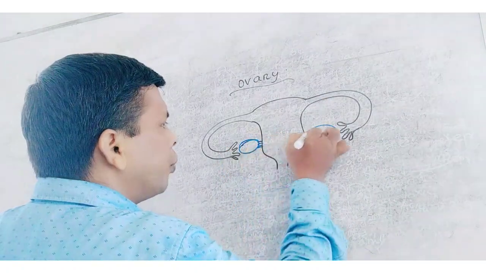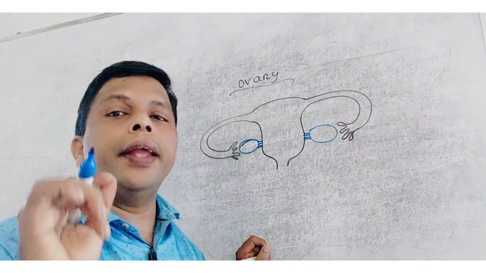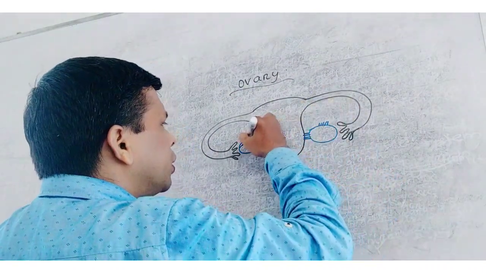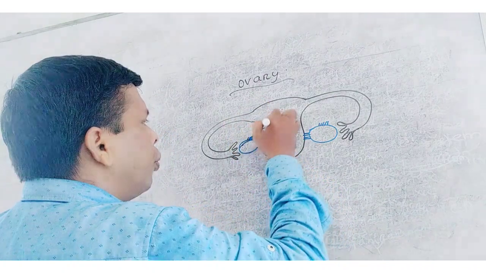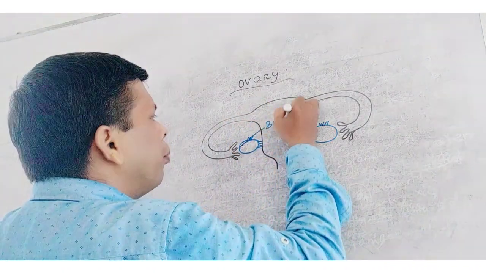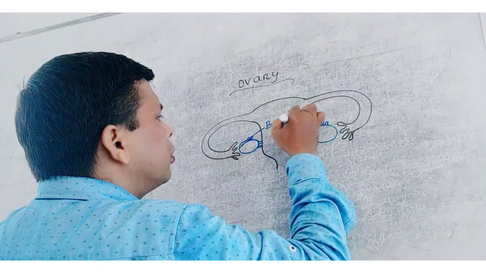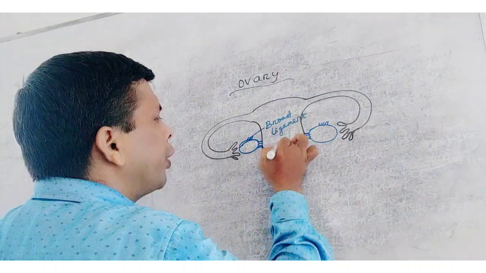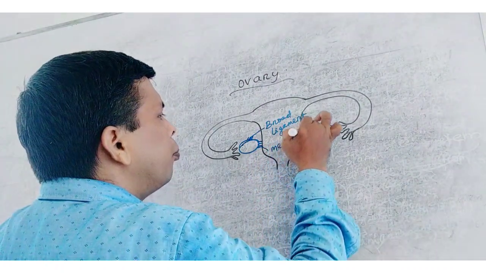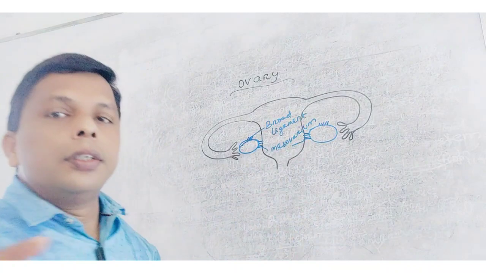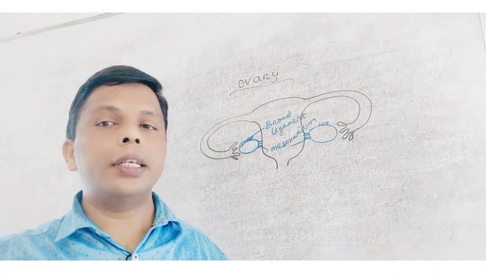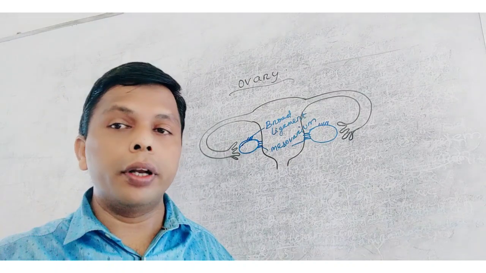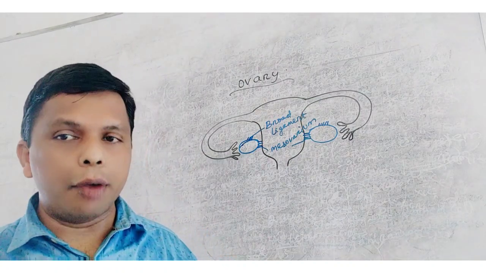These are attached to the uterus. This is mesovarium, and they are also attached to the dorsal body wall. This is the dorsal body wall. This is the broad ligament. These are mesovarium. So the ovaries are fixed to the uterus and also to the abdominal cavity.